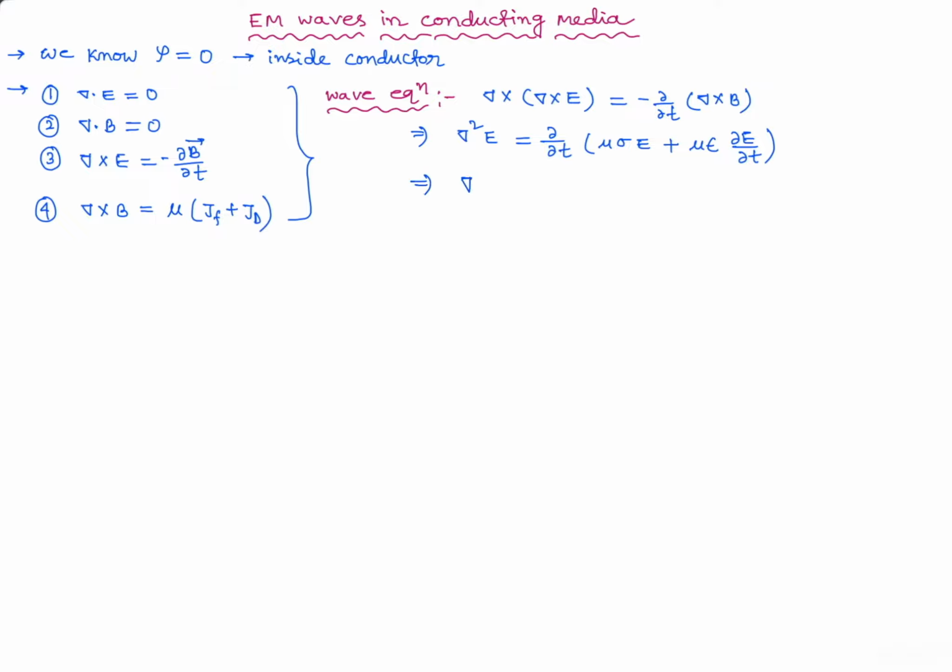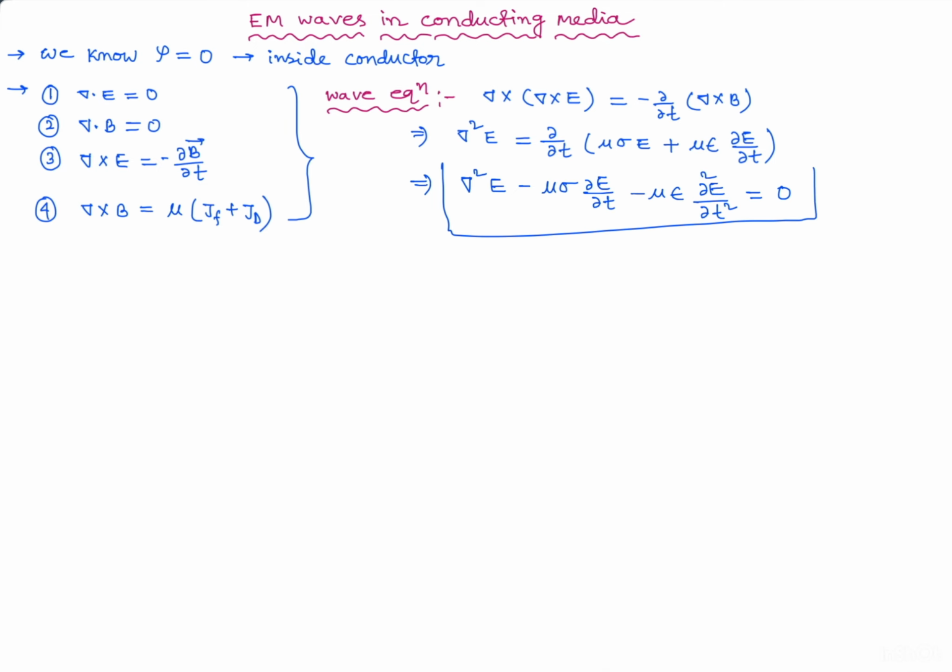So the equation will be grad square E minus mu sigma del E del t minus mu epsilon del square E del t square equal to 0.